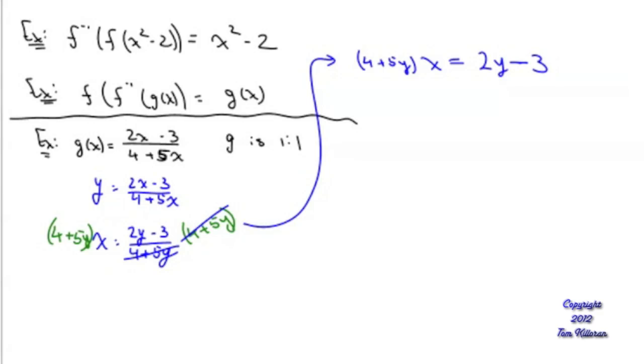Got to distribute the x, so we're going to get 4x plus 5xy, alphabetical order, but if you write it as yx, I'm not going to worry, is equal to 2y minus 3. Okay, now what? We're solving for y. You always want to get that in the back of your head. Nope, I wouldn't touch the 3. Subtract the 4x?